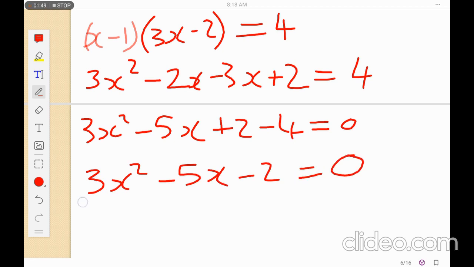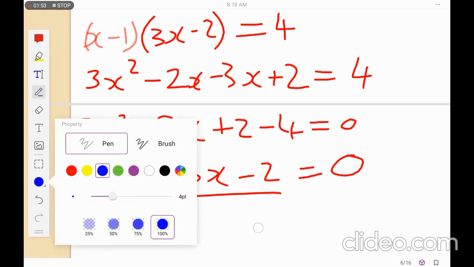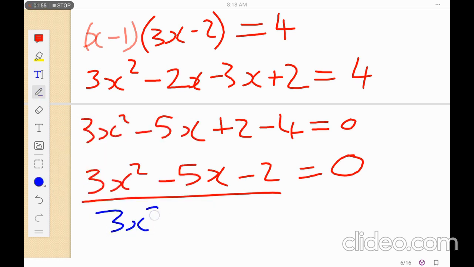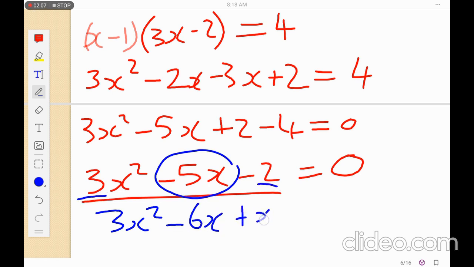Let's find the factors for this one. I can write it as 3x squared, then find the numbers that add to get minus 5x and multiply to get minus 6. So I'll have minus 6x plus x minus 2 is equal to 0, such that minus 6x plus x gives minus 5.